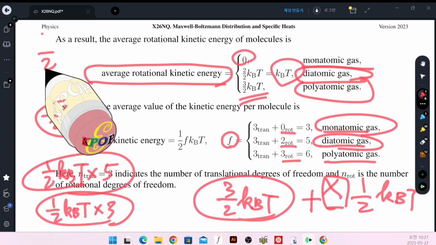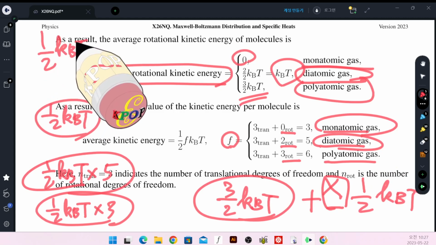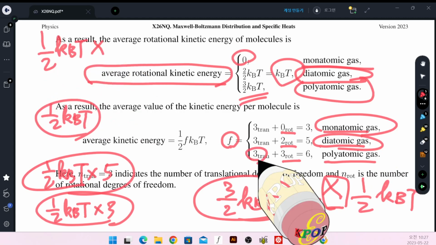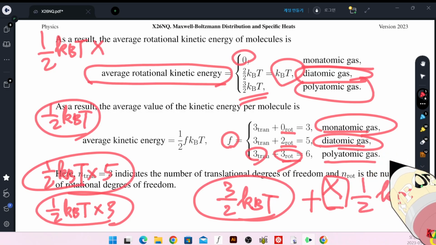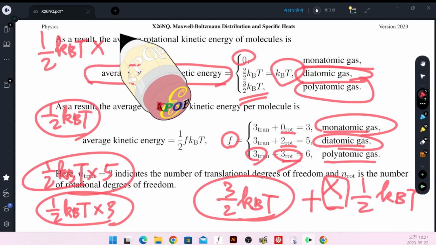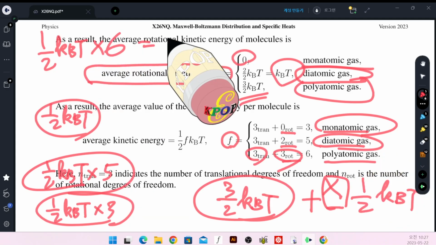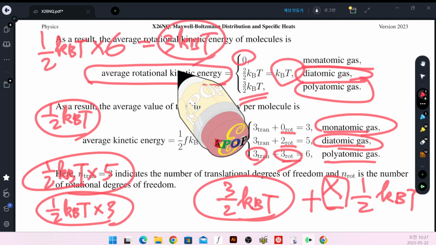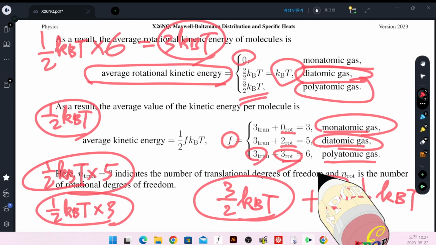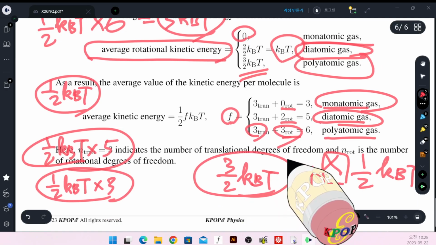And we have 3 axes of translation and 3 axes of rotation for a polyatomic gas molecule, resulting in 1/2 kBT times 6 equals 3 kBT for the total kinetic energy. Okay, that's it. Thank you.